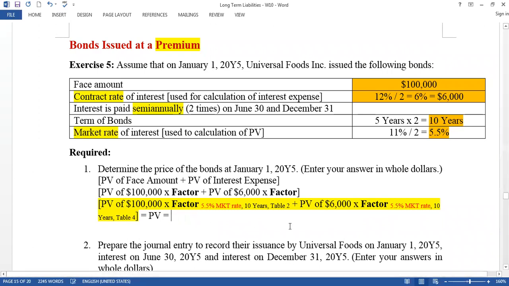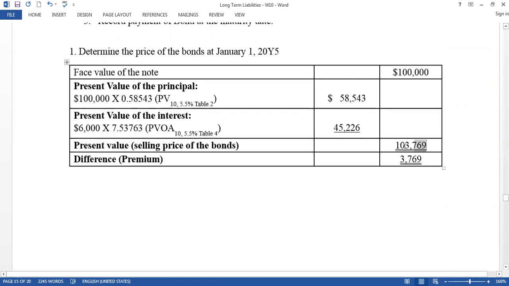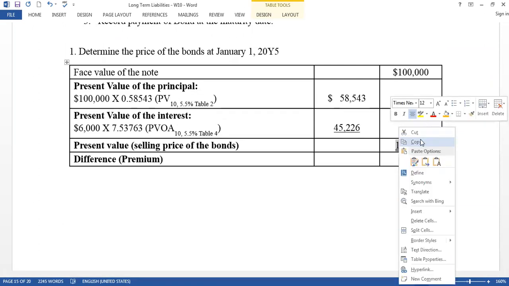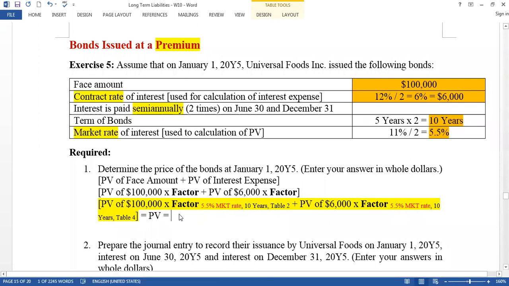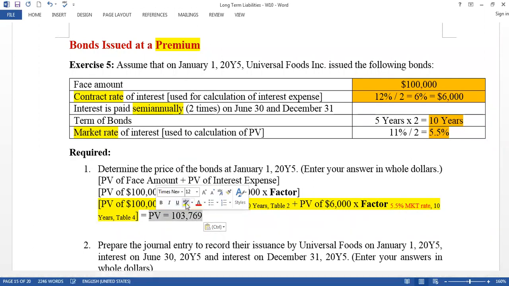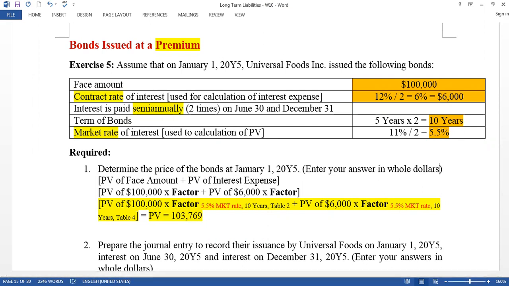Now, if you do this kind of calculation, the answer is this. So this is the present value we calculated. Now, when we record the journal entry, we compare present value versus face amount.